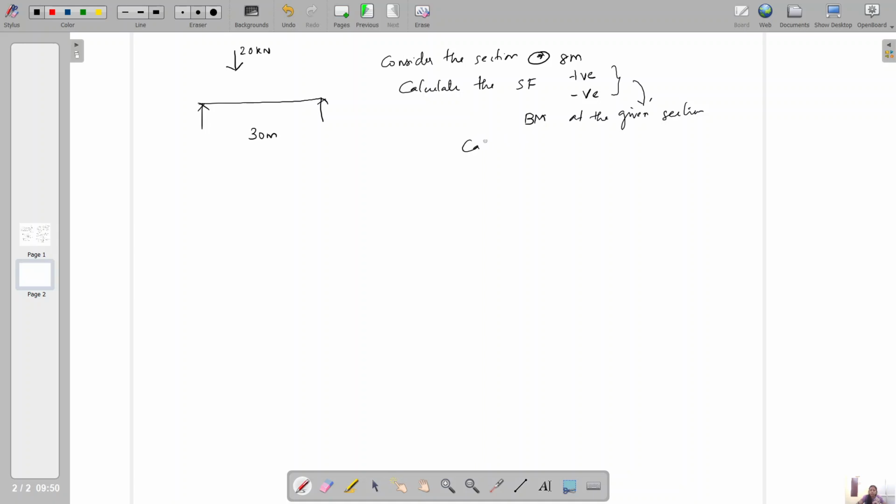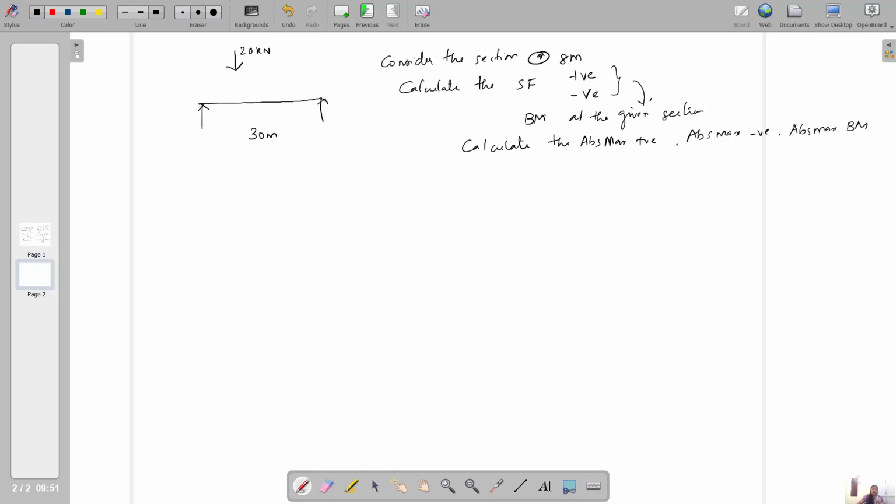The other possible questions that can be asked are to calculate the absolute maximum positive shear, the absolute maximum negative shear, and the absolute maximum bending moment. So these are all the questions that can be asked with this loading.